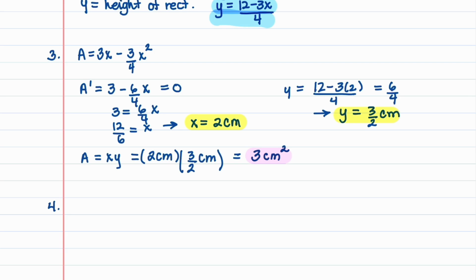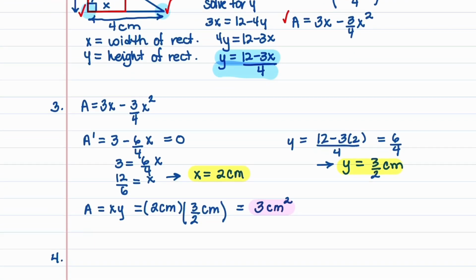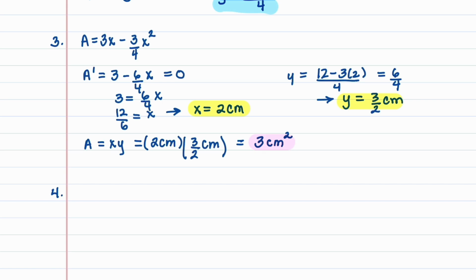To find our area at the endpoints, let's go back up and look at our diagram. At this point on our left, x is equal to 0, and at this point on our right, y is equal to 0. We know that our area is equal to x times y.